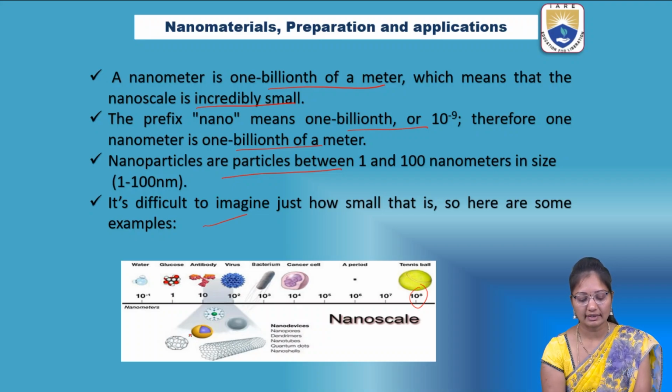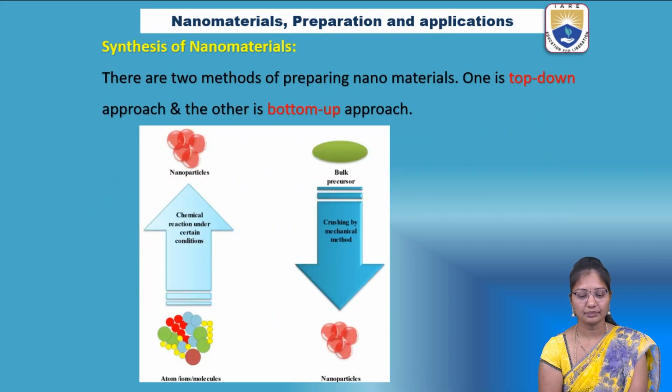Based on their dimensions, these nanomaterials exist in different forms, like 0D, 1D, 2D and 3D materials, ranging from 1 to 100 nanometers.